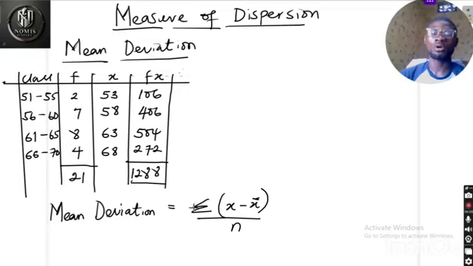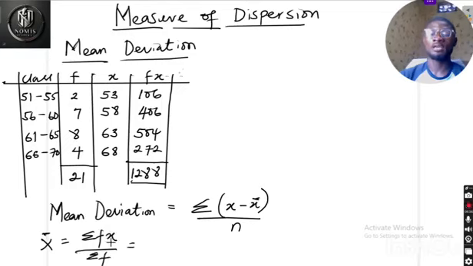So before we come to mean deviation at all, we have to calculate the mean on the side. Remember, mean can be represented with x bar, which is summation fx all over summation f.